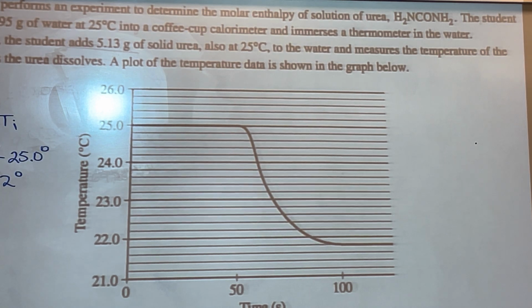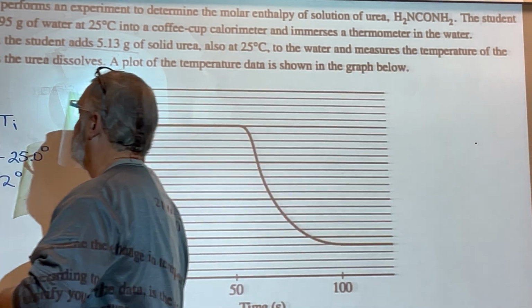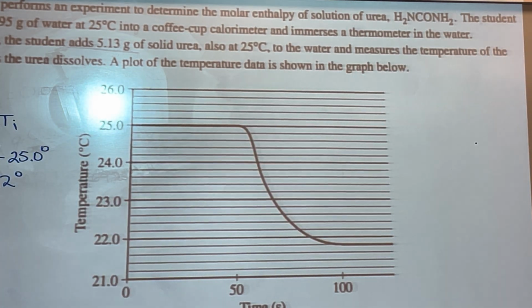Okay? So part C says, assume that the specific heat capacity is 4.2. Calculate the heat of the dissolution of the urea in joules, and then calculate the molar enthalpy in kilojoules per mole. Here's the exact same thing that we just did. So we have our delta H of the reaction, equal to the mass of the solution.